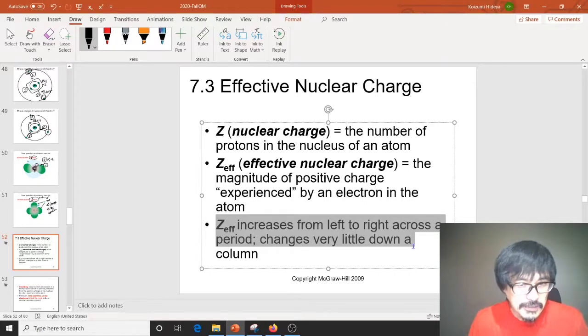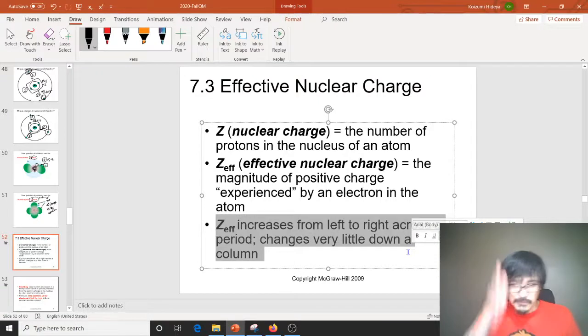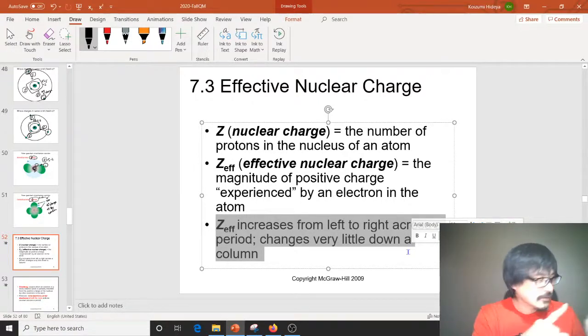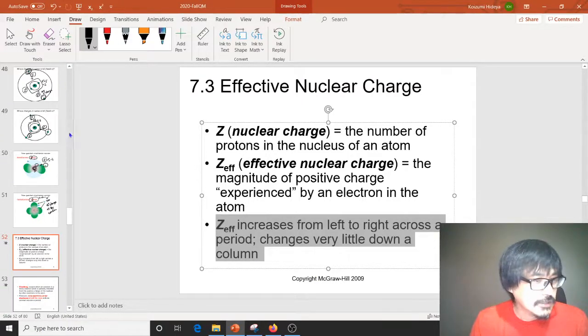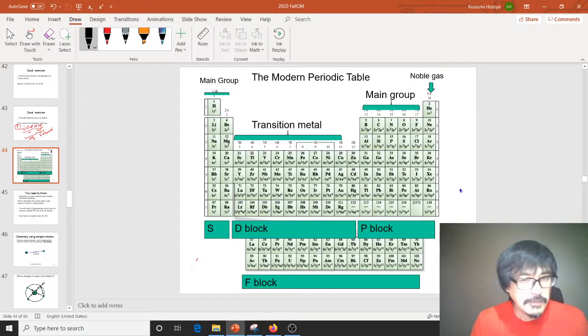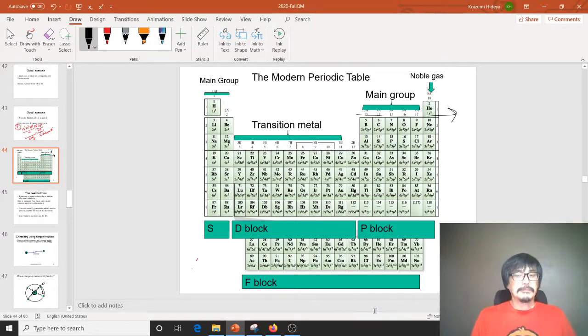Z effective increases from left to right across the periodic table. It changes very little down a column. So in the vertical direction it doesn't change that much, but if you go from left to right in the periodic table, it increases. So Z effective increases this way. Going down, it really doesn't change that much.